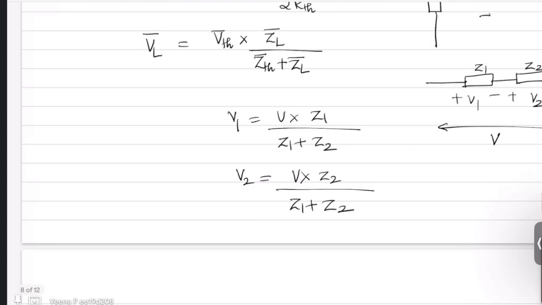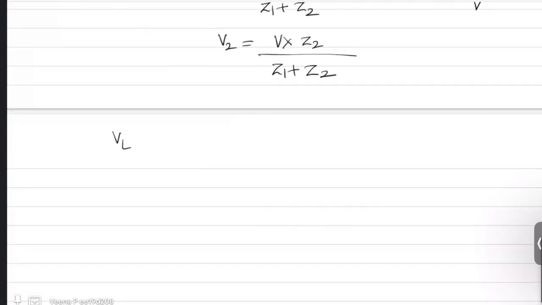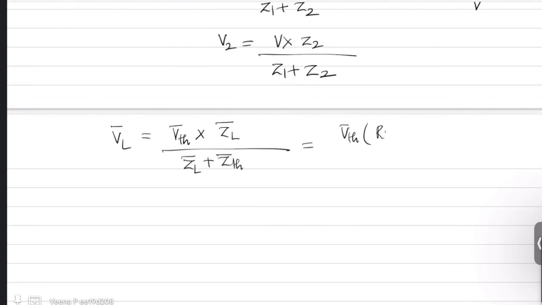So if you follow the voltage division rule to this part, your VL is nothing but the total voltage V Thevenin times ZL by ZL plus ZTH. Now ZL is nothing but R Thevenin minus JX Thevenin. And ZL plus ZTH is 2 times R Thevenin.